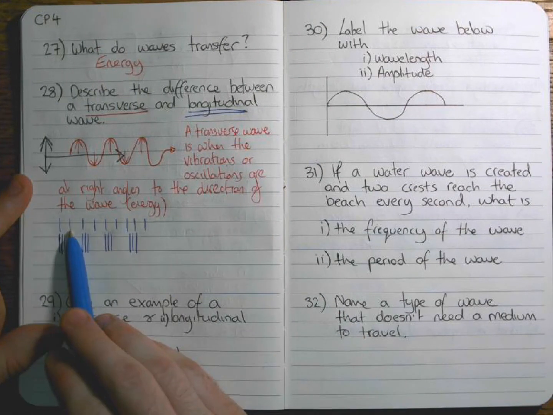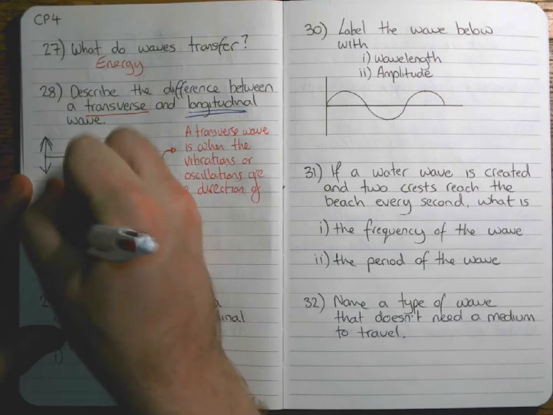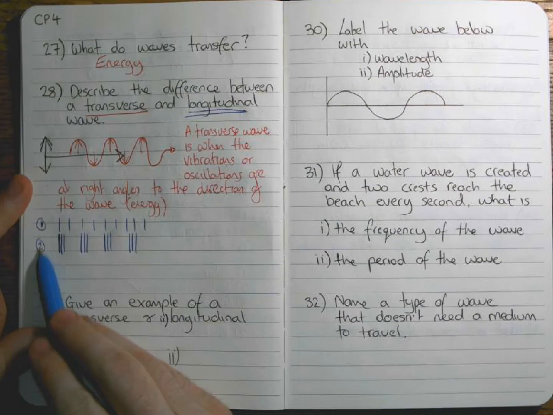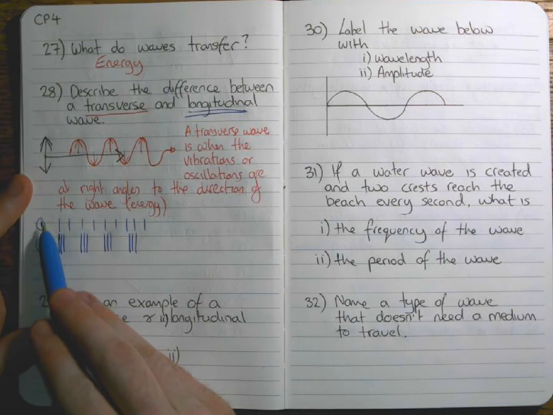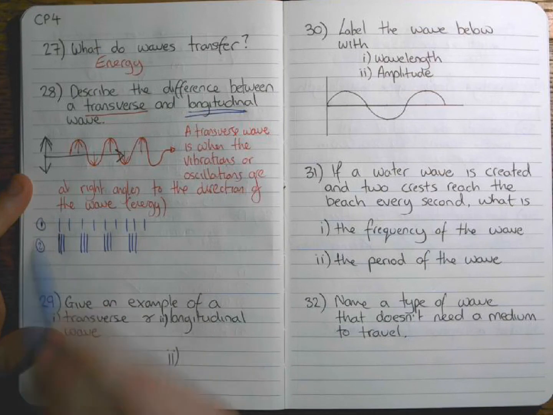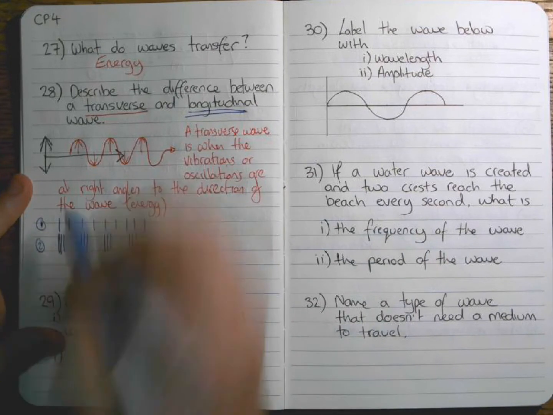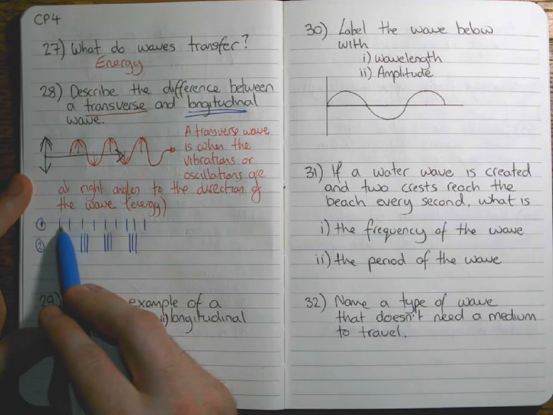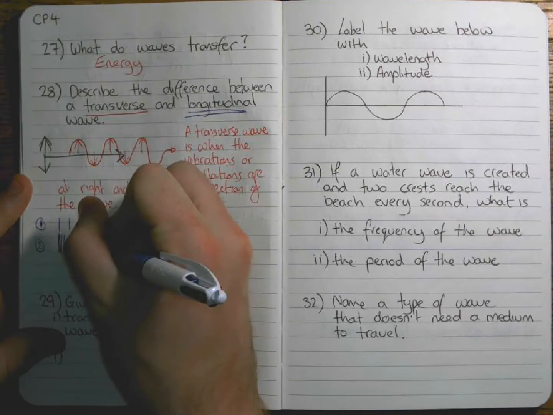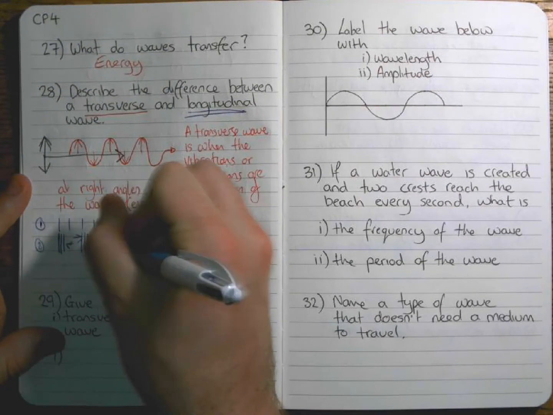So if we look at what's happened, so if we're going from 1 to 2, 2 is where the wave is actually travelling, and 1 is what it looks like before the wave actually moves. Think about what's happened to these particles. Some have gone that way, and some have gone that way.